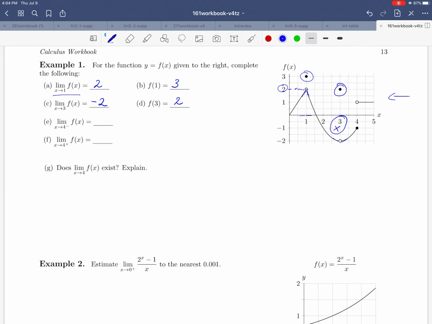Part E is asking us what is happening as x approaches 4, but there's a little new piece in our notation, and that is this little minus sign right here. This little minus sign tells us that we are interested in what happens as x approaches 4 from the left.